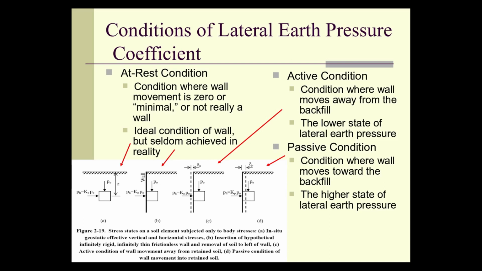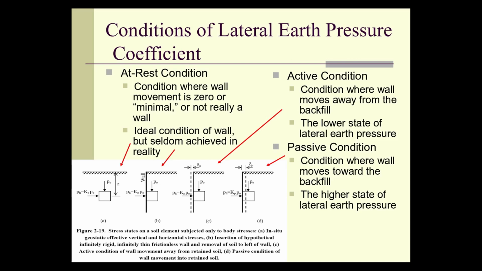The at-rest condition is basically the condition that takes place when you have either the self-weight of the soil or induced stress or a combination thereof acting vertically, and the horizontal stresses take place in an environment where there is no possible horizontal movement. In other words, the stresses are trapped, or somehow trapped.